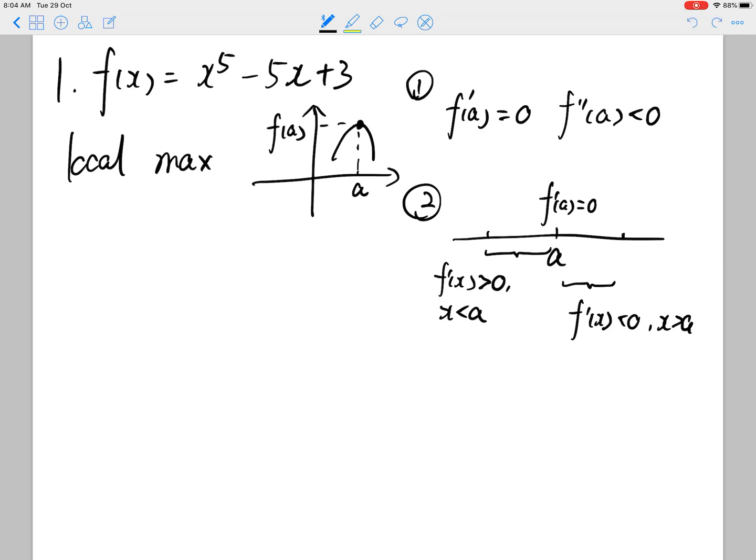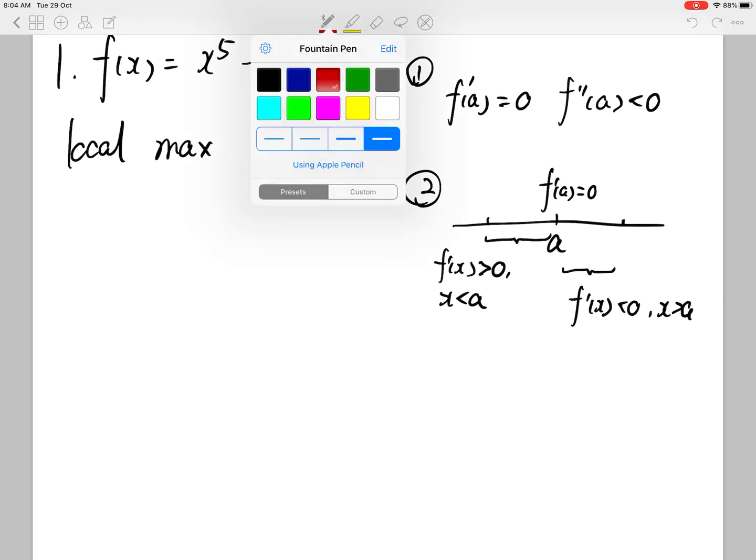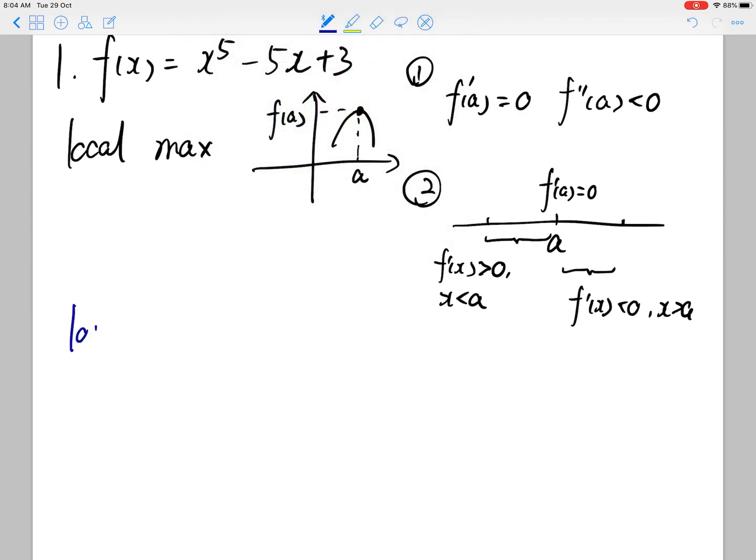So what about the local minimum? For the local minimum, let me write down here, the graph is like this.